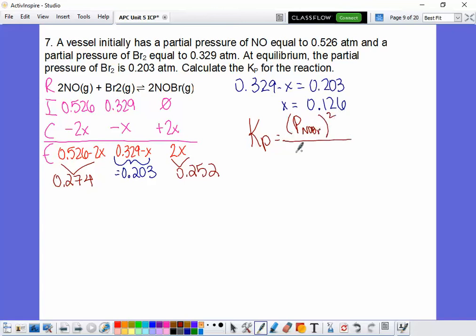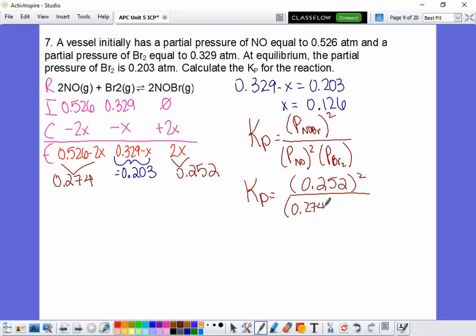In the bottom, we're going to have the pressure of NO squared and the pressure of Br2. It's just the proper notation for that. So the top number, we're going to plug in everything we know. And solve for Kp.